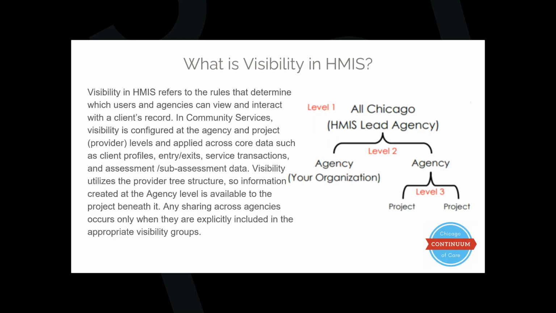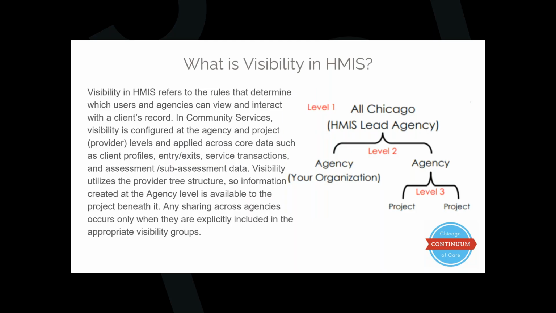So what this means is that if you look at the example that we have here, at level 1 is going to be all Chicago. There's no other agency or any other project that sits at that level. Right underneath the all Chicago level are going to be your level 2, the agencies. So that's where all users are created. If you have a user account, your user account is tied to the level 2 of your agency.